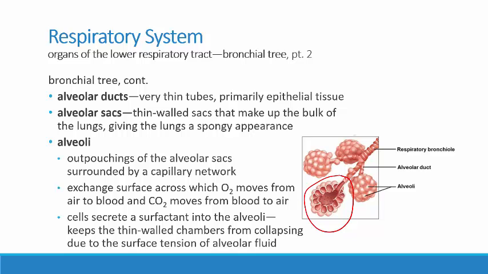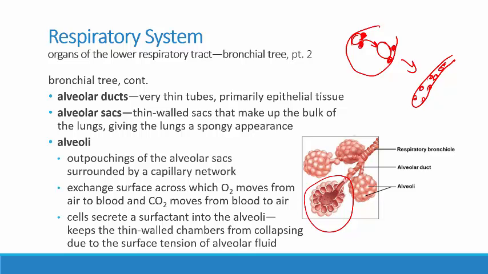Water molecules are attracted to each other by tiny electrical charges, and the alveoli are so small and thin that a water molecule here, with its oxygen and two hydrogens, would be attracted to a water molecule on this side. And if that happened, the alveoli would be pulled closed by that electrical attraction between these water molecules.